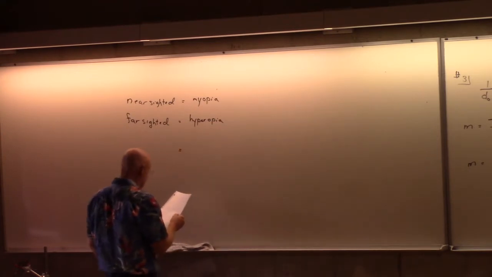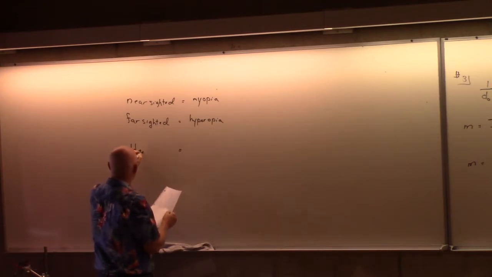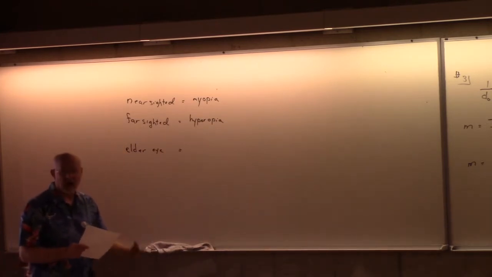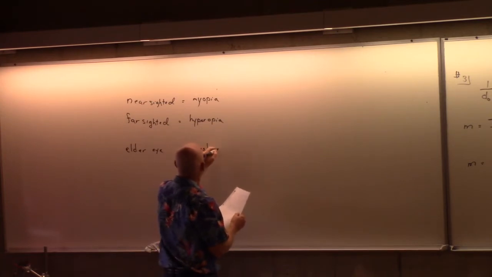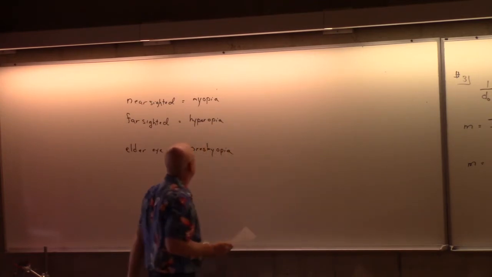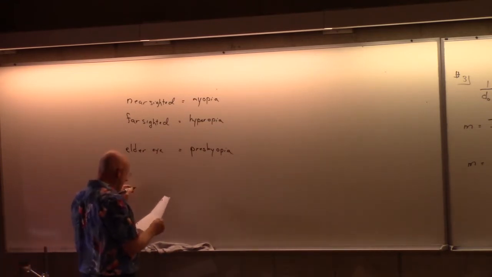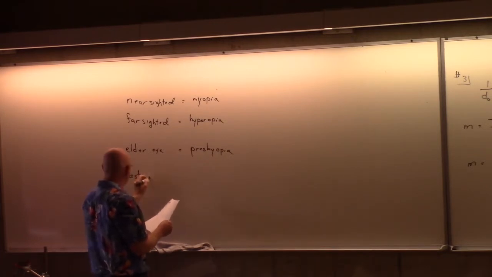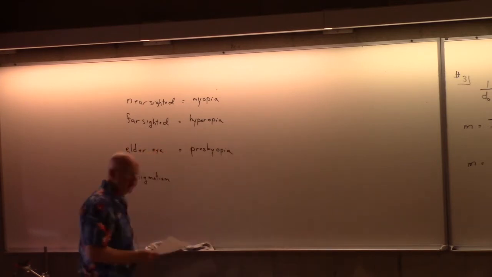Somebody who has trouble seeing things close up because of age, which we often refer to as elder eyes, has presbyopia. And maybe the last one is somebody, myself included, who might have imperfections in what we call the symmetry of the eye, and so they have an astigmatism.